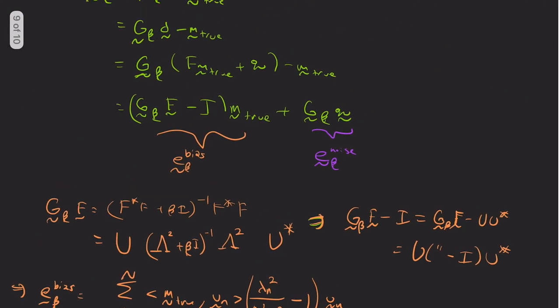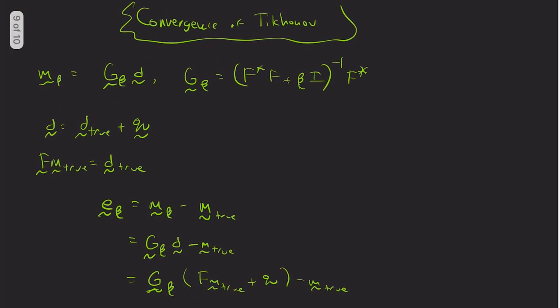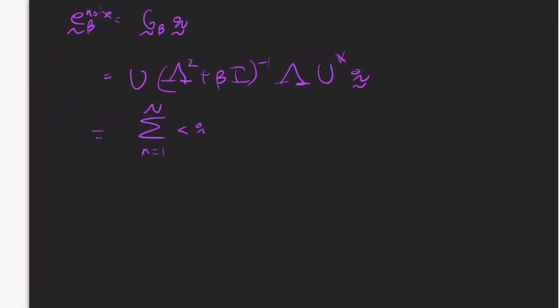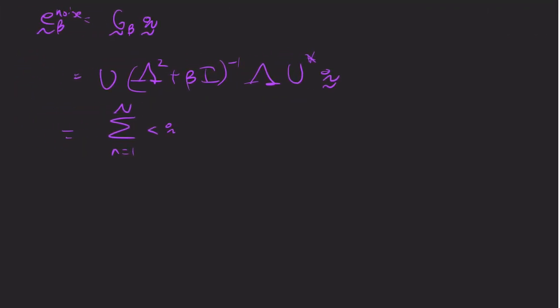So how am I getting that again? Well, G beta, it's the same thing we had in the previous video. Again, I'm using a unitary basis, so it's like just multiplying their diagonal components. That gives me a lambda squared plus beta, invert it, and then multiply by another lambda. So then again, we get this.